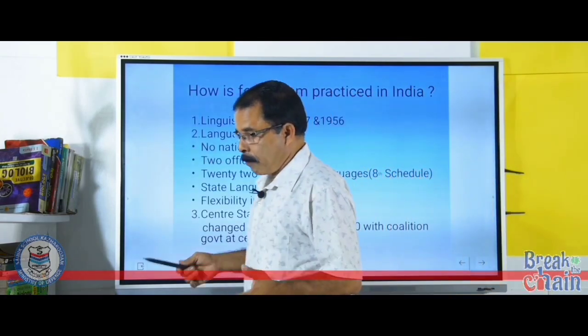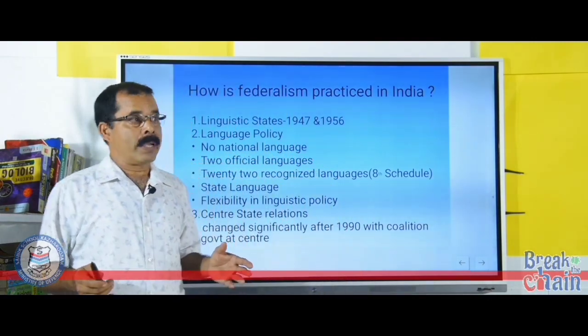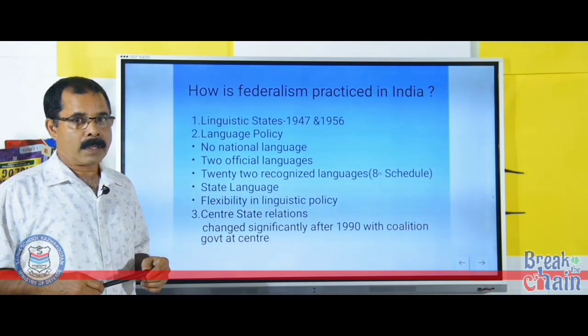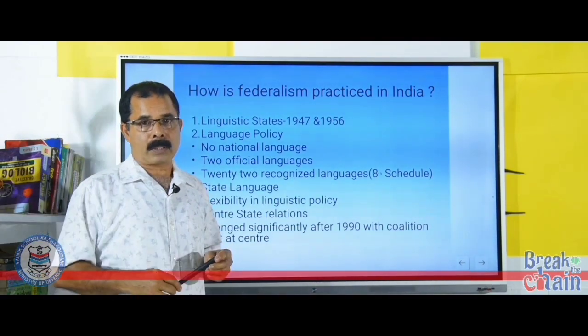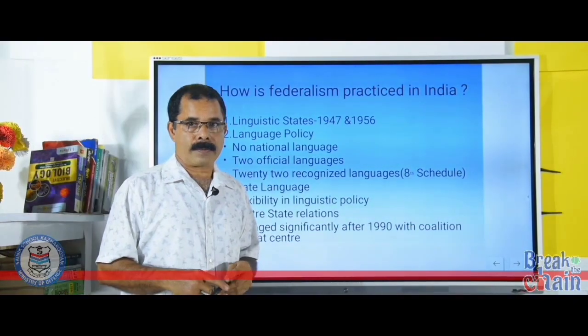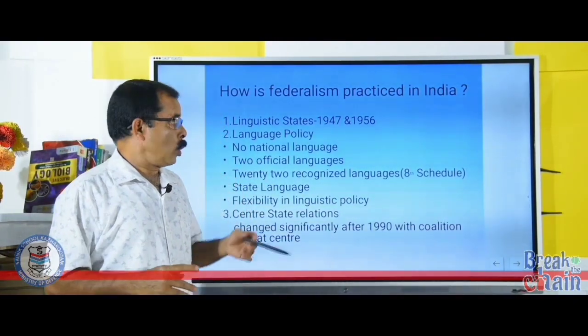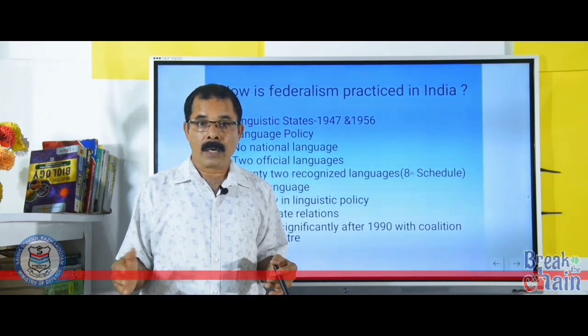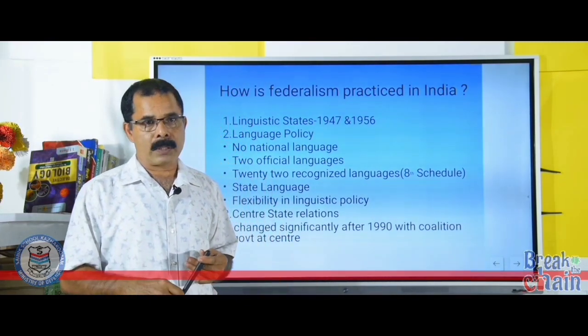Now, a very important aspect: how is federalism practiced in India? There are 3 main points. They are the linguistic states. In 1947, states were created not on the basis of language.